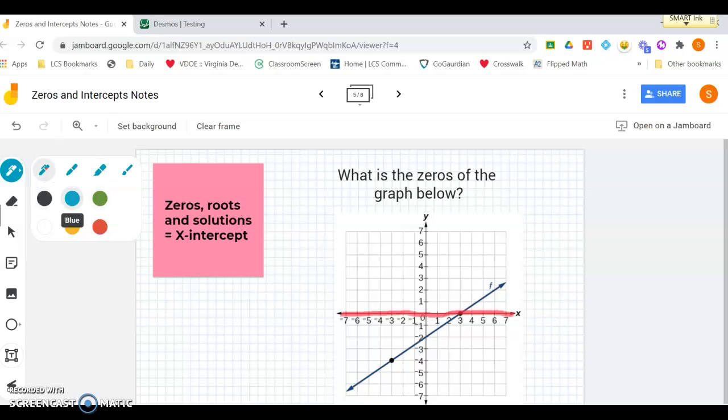If I then follow my blue graph left to right to where it crosses that line, it is right here at 3. So the zeros of the graph is at 3. Or if it asks what is the x-intercept, we would write it as 3, 0. We're putting that number in the spot of x and leaving y as 0.